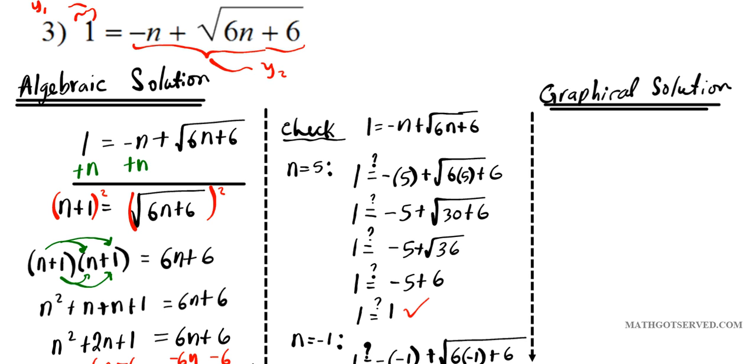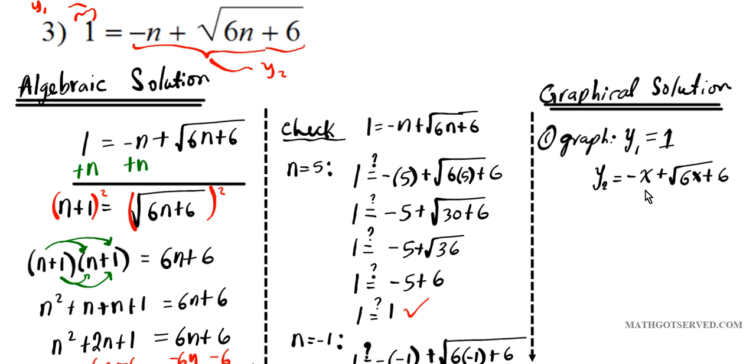So for the graphical solution, first thing we're going to do is graph two functions. First one, y1, is the left side of the equation, which is 1. And then for y2, we're going to be graphing negative x plus the square root of 6x plus 6, because the only independent variable that our calculator works with for graphing is x.